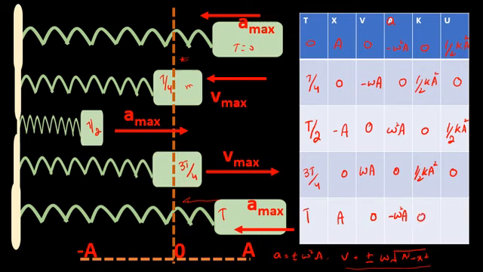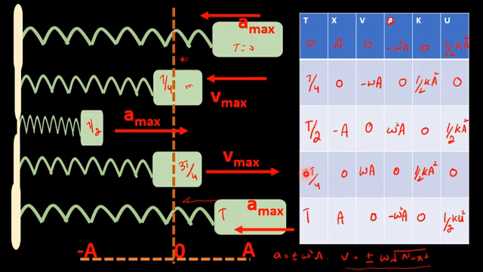Kinetic energy is equal to 0, and total mechanical energy appears as potential energy. So this was the variation of the kinetic energy and potential energy for the full cycle between plus A and minus A. Here you can see from this table that potential energy and kinetic energy vary alternately between maximum and minimum position, and this is the variation with time.